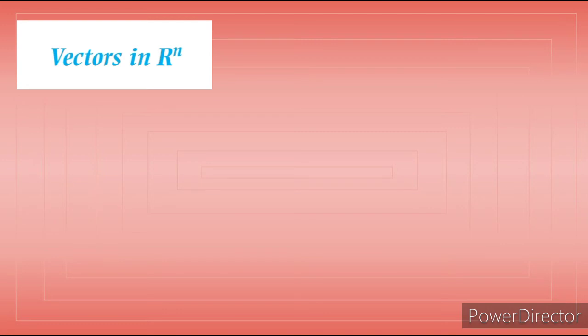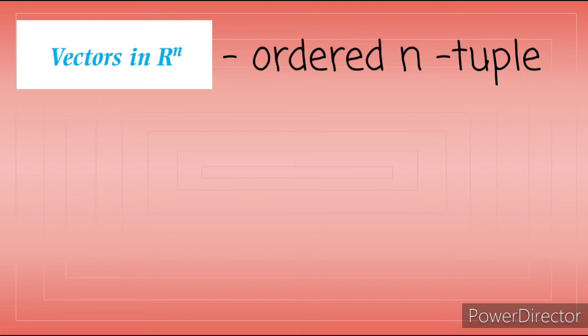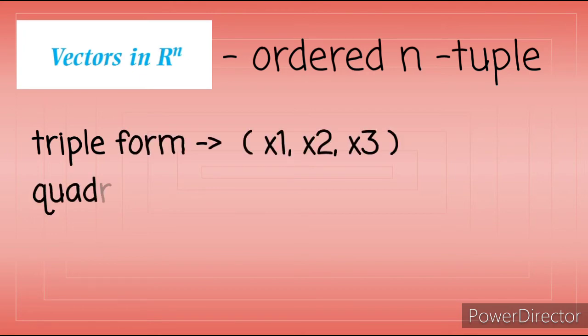The discussion of vectors in the plane can now be extended to a discussion of vectors in n-space. A vector in n-space is represented by an ordered n-tuple. For instance, an ordered triple has the form (x sub 1, x sub 2, x sub 3).